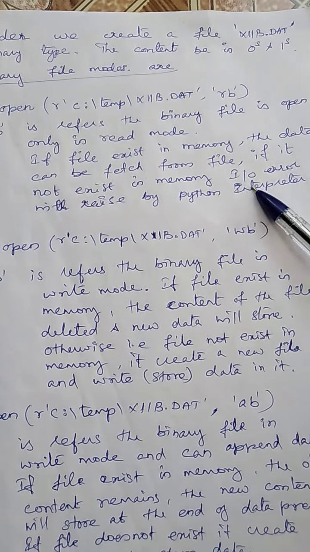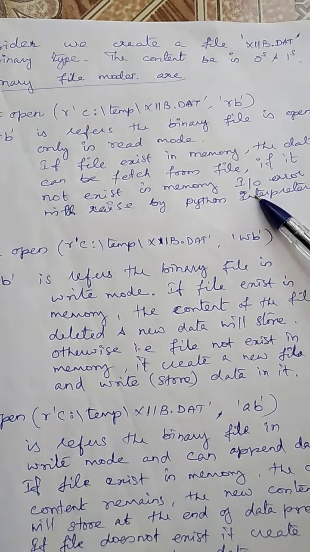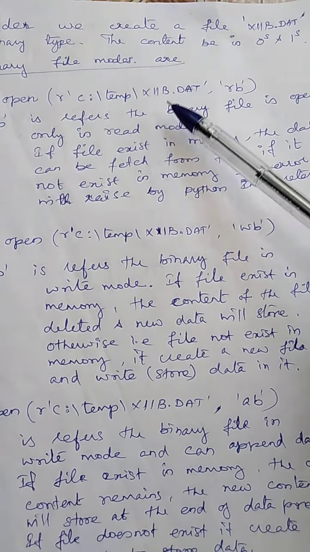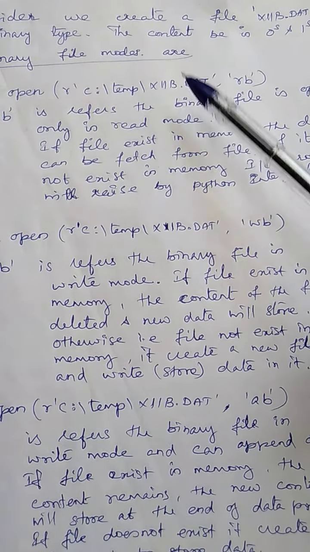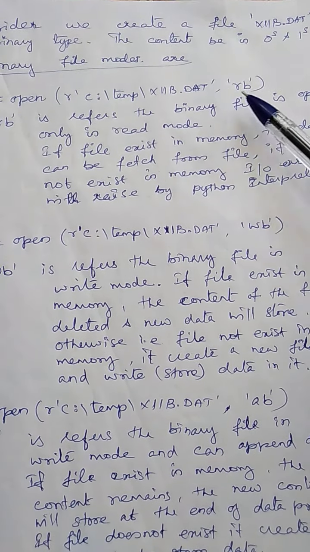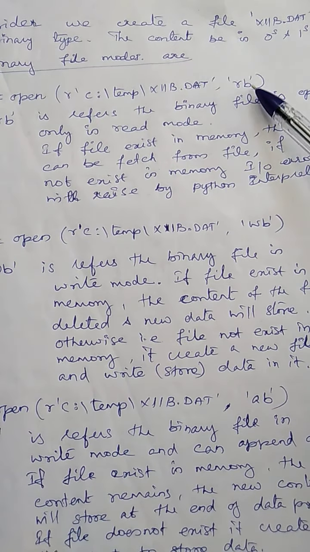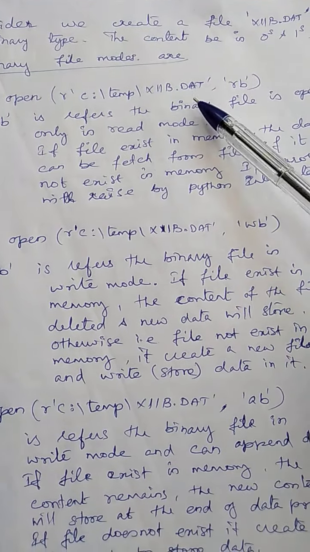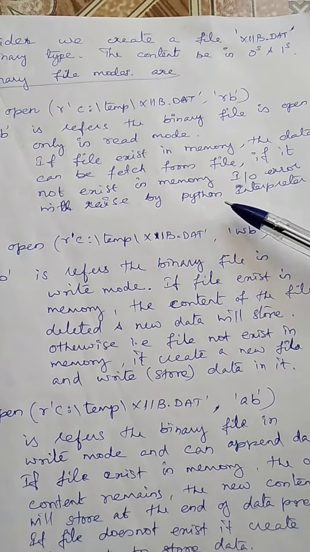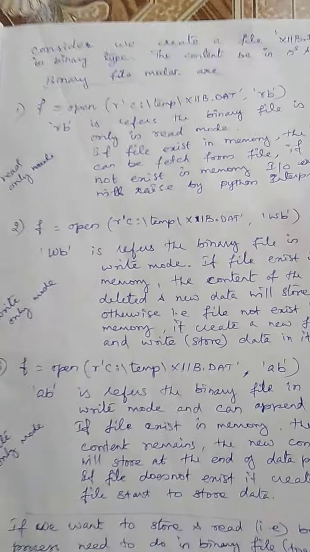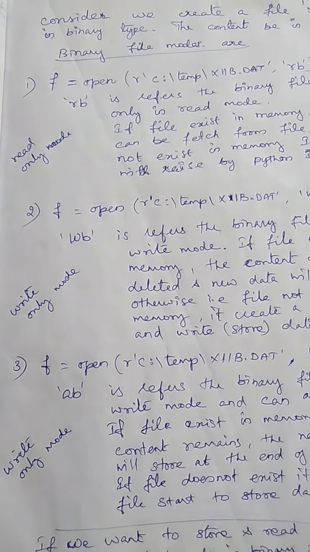The Python interpreter will throw an error, IO error. Is it clear? If the file exists there, we can take out the content from that file with the help of the read mode, reading the binary file. If the file does not exist in the memory, then the Python interpreter will throw an error. So the file is opened in a read only mode.